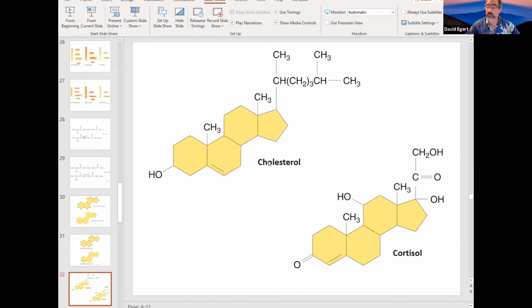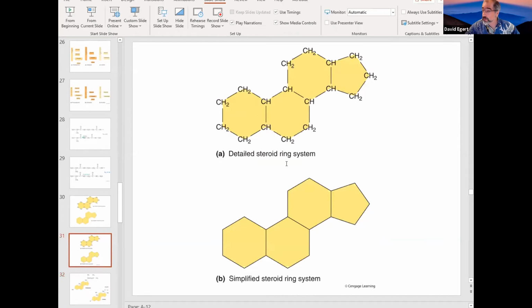And that's important when we talk about how it's going to be transported into the blood, for instance. Again, I could not tell you what a steroid ring system looked like, necessarily without looking it up. You don't need to know the details of cholesterol, but you should know that it is a lipid and hydrophobic.